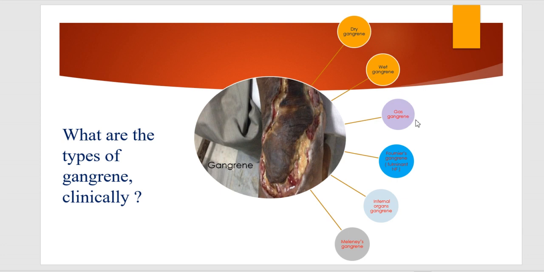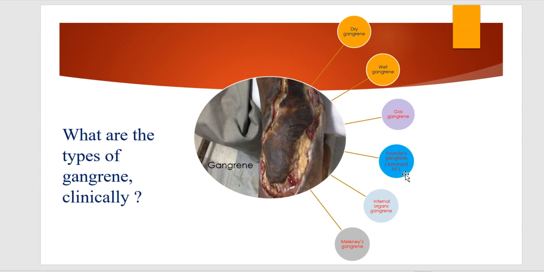Then in the next video, we'll discuss gas gangrene, and finally in the fourth part, we'll discuss the Fournier's gangrene, that is a type of fulminant necrotizing fasciitis, followed by the internal organs gangrene, and finally the Meleney's gangrene, along with a few important points of management in patients of gangrene.